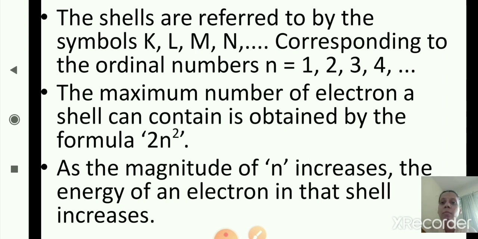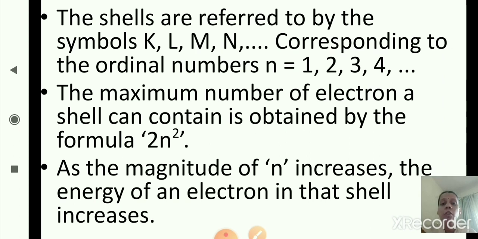The maximum number of electrons a shell can contain is obtained by the formula 2n square.